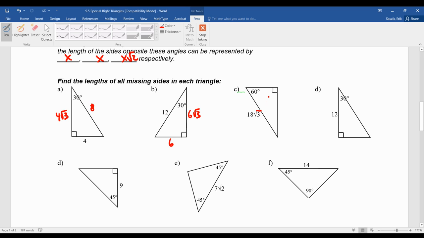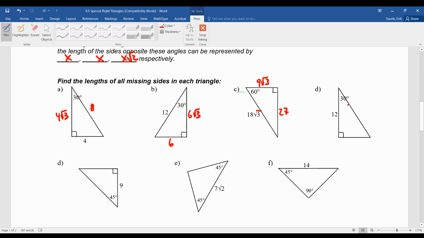Here's another one where you're given the hypotenuse. So the short leg, which is up here because that's a 30, has to be half. And then this would be the short leg times √3. Now, 9√3 times √3 would be 27, because √3 times √3 is just 3, and 3 times 9 is 27. So those are really quick and easy.